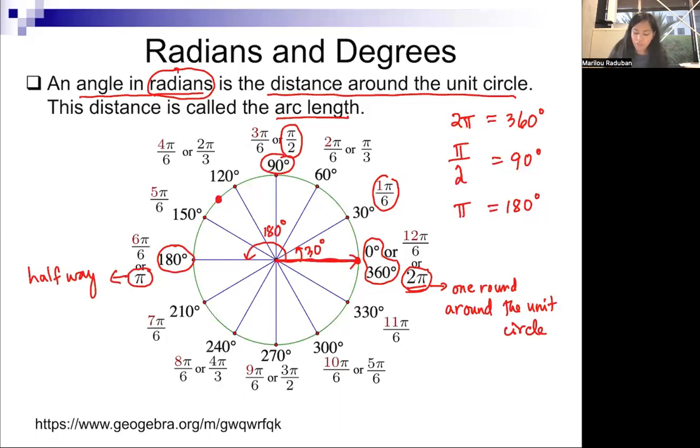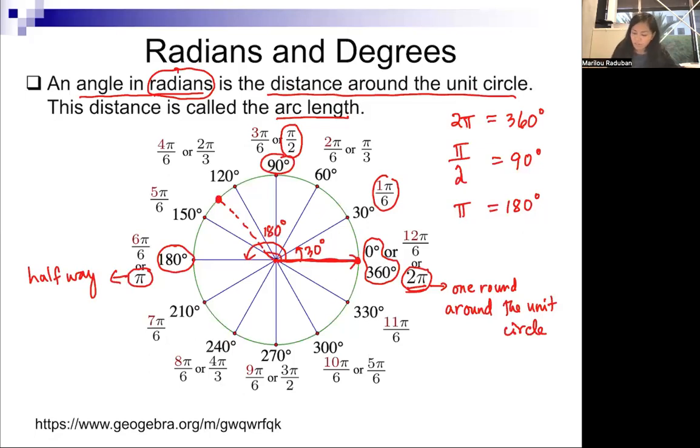It's easier to measure the angle of this line relative to this 0 degree angle than to measure the arc length in terms of radians. And so we should be able to convert between angle in degrees and radians, which is the distance around the unit circle, for us to find the angular frequency.